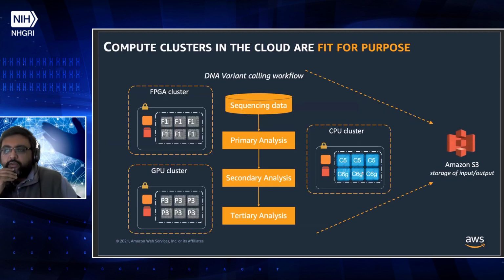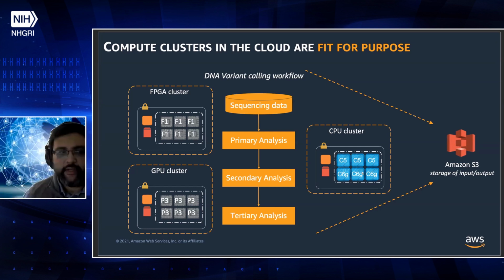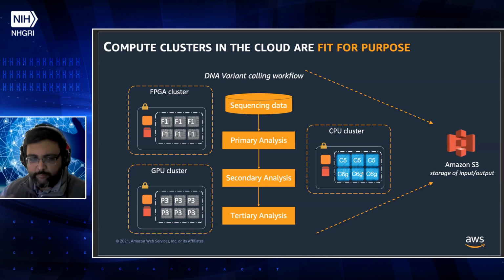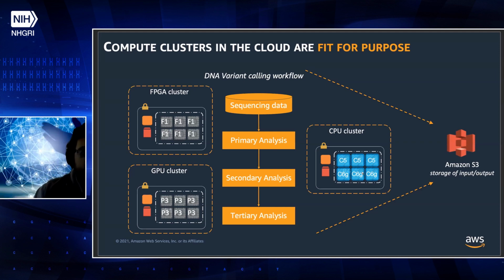And what it allows you to do, and this is where I was going towards, is that it starts to redefine what is a compute cluster, right? So compute clusters in the cloud become fit for purpose. Let's say, take the example of a DNA variant calling workflow, which has many different steps: primary analysis, secondary analysis, tertiary analysis. You can set up your infrastructure in the cloud so that when you're doing certain tasks, you can use the infrastructure that is suited for that task.